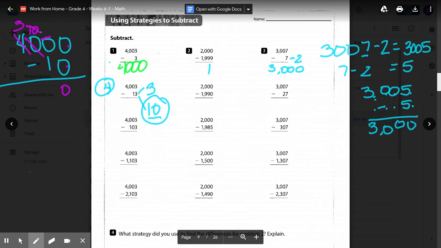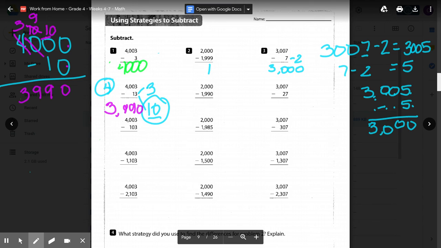So I'm going to take one away from this 10 and send that extra one over there. So 10 minus 1 is 9. 9 minus 0 is 9. And 3 minus 0 is 3. All right, so my answer for number 4 would be 3,990.